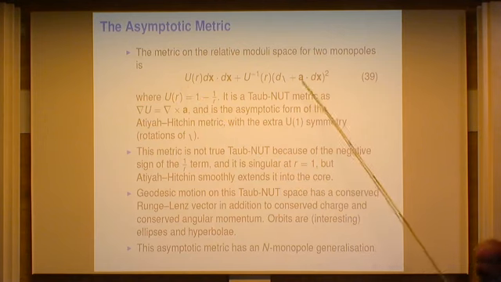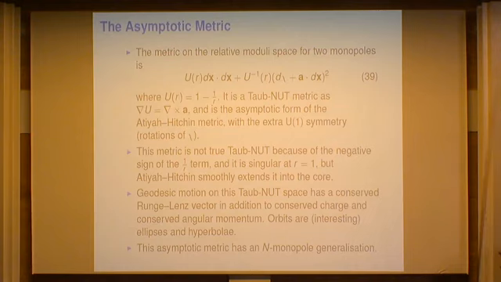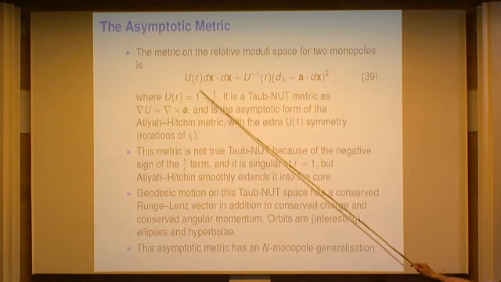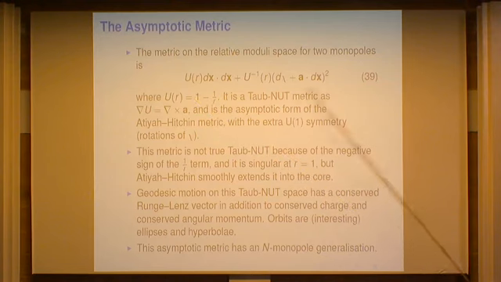And okay, so that was a physical calculation of two dion interactions using a point particle method, and it gives a Taub-Nut metric. So because u of r is 1 minus a constant over r, this is a Taub-Nut metric in 4 dimensions.